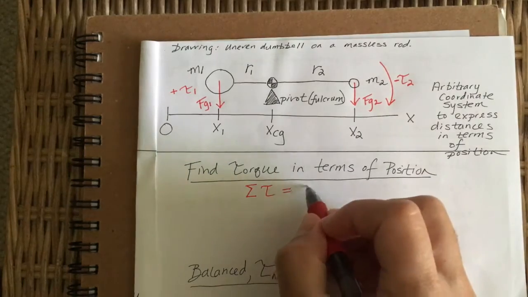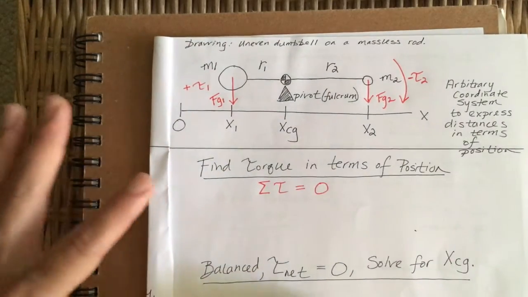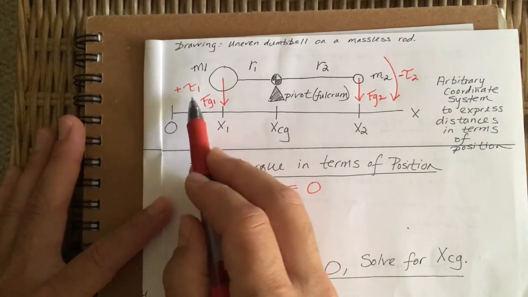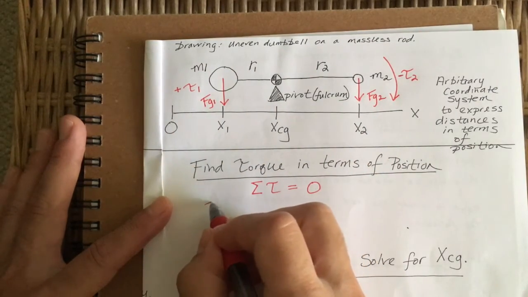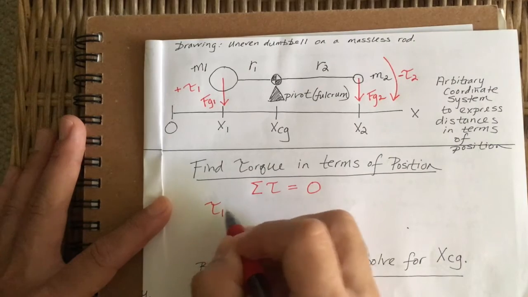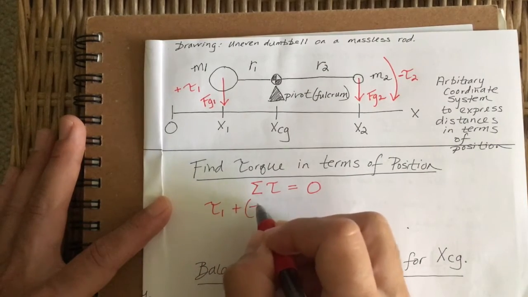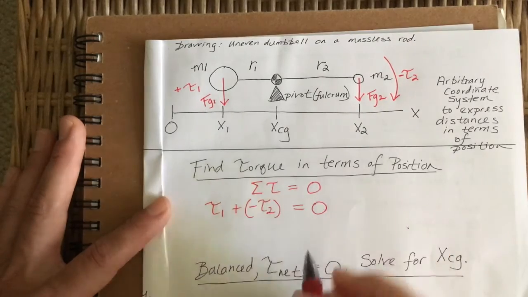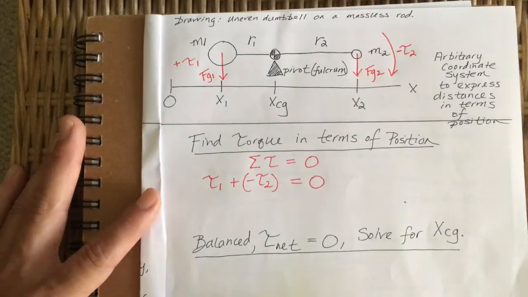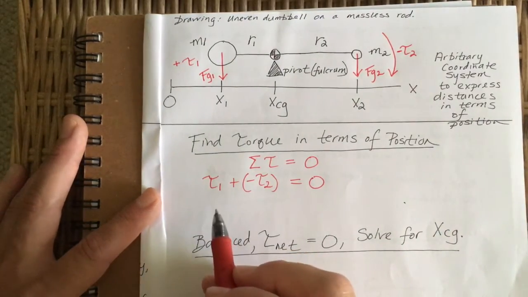So we can say that this is equal to 0, and then add the positive torque 1 to the negative torque 2. Torque 1 plus the negative torque 2 is going to equal 0. These two torques are going to fight each other. Now the question is, what is torque 1?